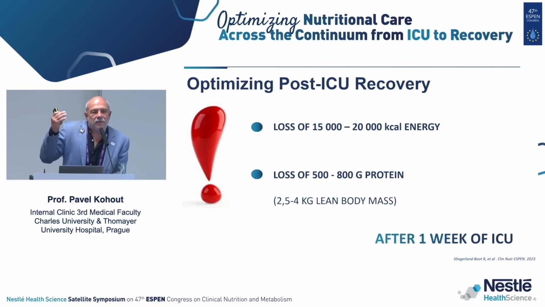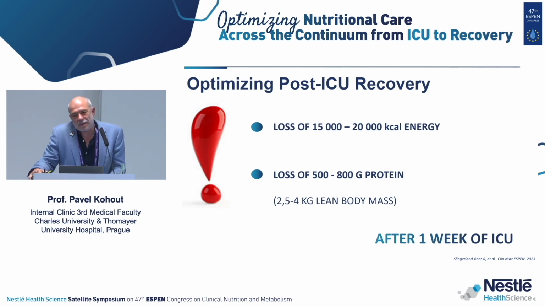So, as you know, the patients can lose about 15,000 to 20,000 kilocalories of energy, and about 500 to 800 grams of protein. It is about 4 kilograms of lean body mass after 1 week in ICU, and we have to give back to our patients in the recovery phase.